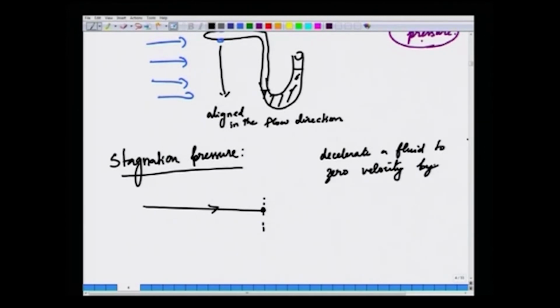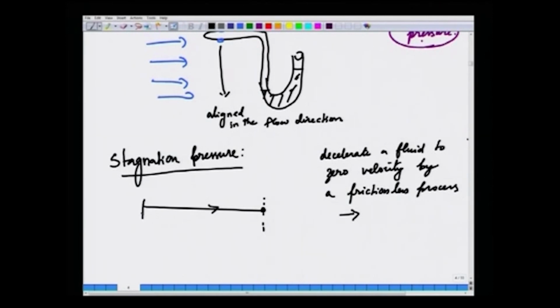This is a conceptual idea. In reality, it is not possible in general to have a frictionless deceleration of a fluid to zero velocity, but it is a concept.